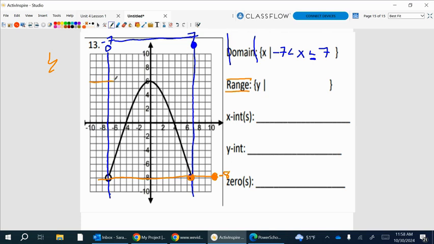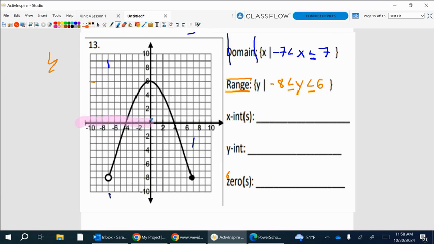This is my highest point with a closed circle at positive 6. So my range is from negative 8 to positive 6, y in the middle, less than, closed circle, included, closed circle, included.